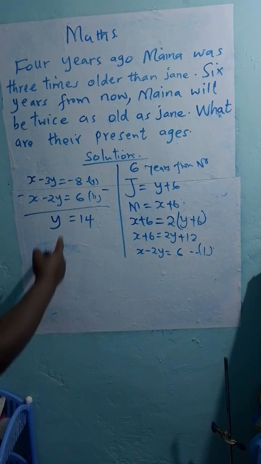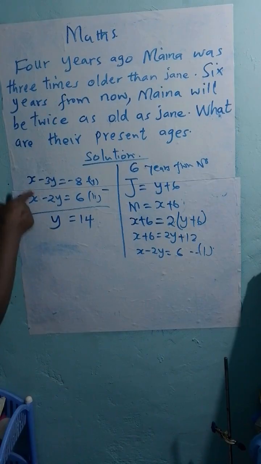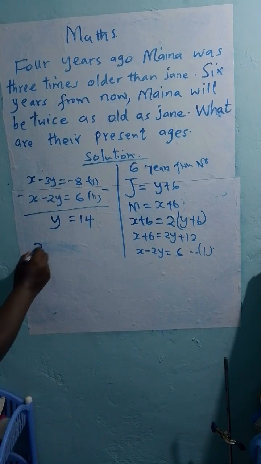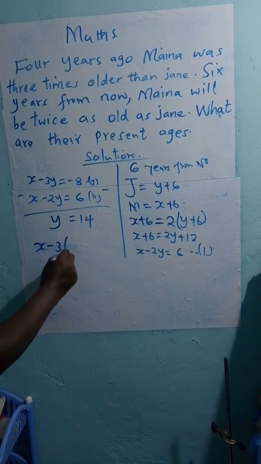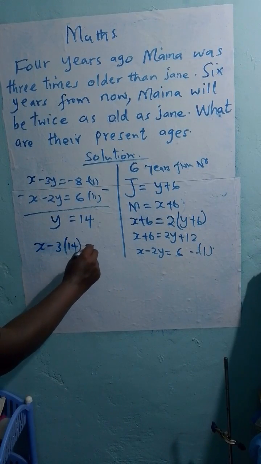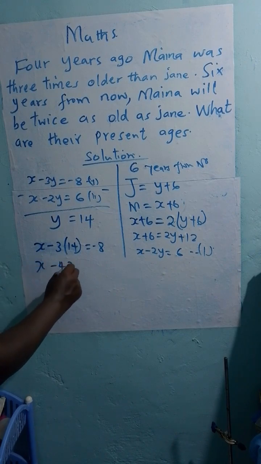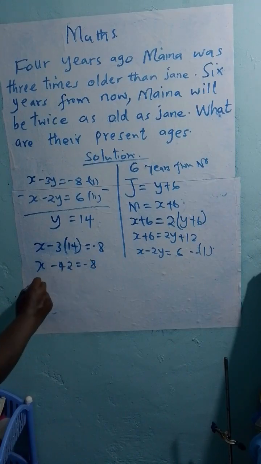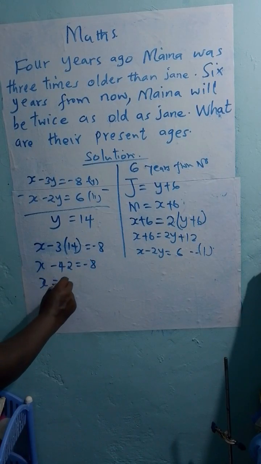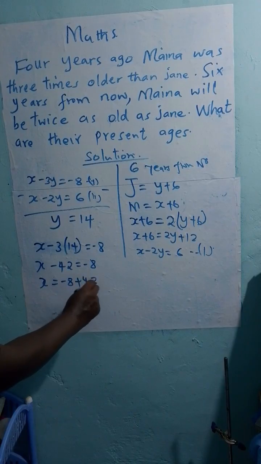To get the value of x, substitute the value of y in any of the equations. So x minus 3 into 14 equal to negative 8. X minus 42 equal to negative 8. X equal to negative 8 plus 42.